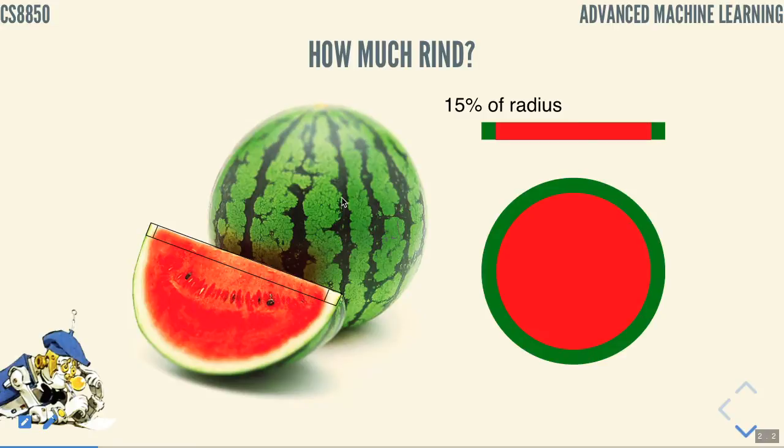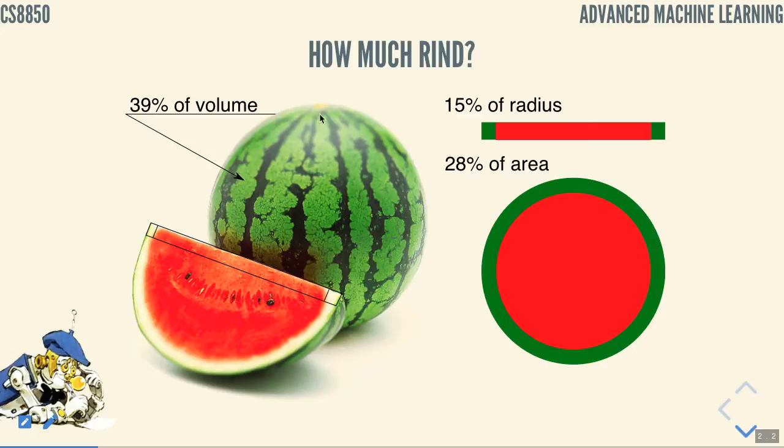If we buy not a one-dimensional watermelon, but a slice, a two-dimensional watermelon here, then 15% of the radius of rind turns into 28% of area. But in three-dimensional watermelon, this 28% of the area is 39% of the volume.